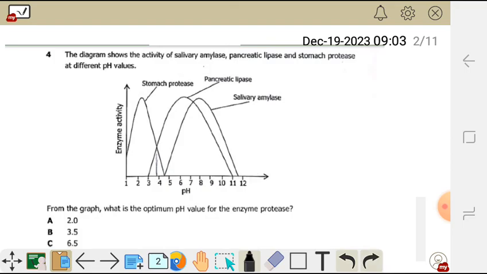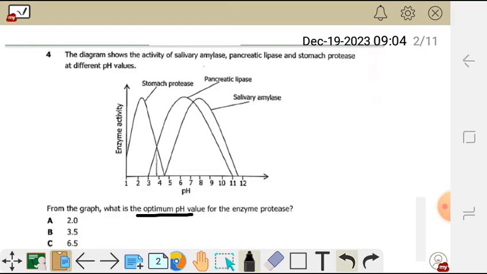It is showing the salivary amylase, pancreatic lipase, and stomach protease at different pH values. So the question reads, from the graph, what is the optimum pH value for the enzyme protease? So for the enzyme stomach protease, what is the optimum pH?